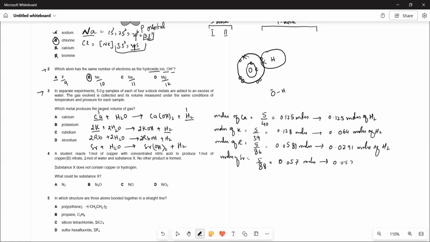Yes. So we know that the number of moles multiplied by volume, 24 dm cube is the volume of a gas. So it means the one which has the greater number of moles will have greater volume.